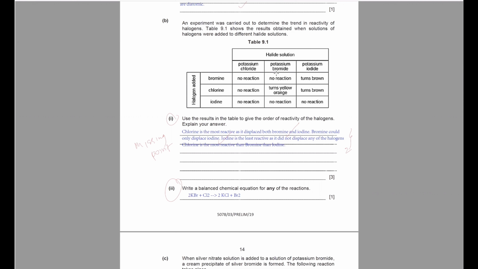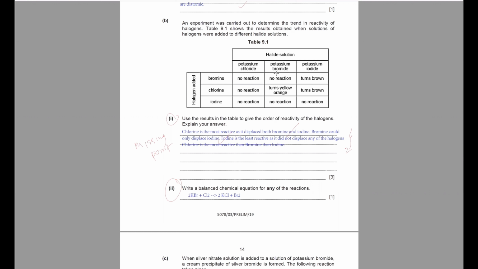Then chlorine has no reaction with potassium chloride, but it displaces bromine and iodine from their respective halide solutions. Then iodine does not react with anyone, so no reaction is observed. So chlorine can be said to be the most reactive halogen because it displaces bromine from bromide and iodine from iodide solutions.